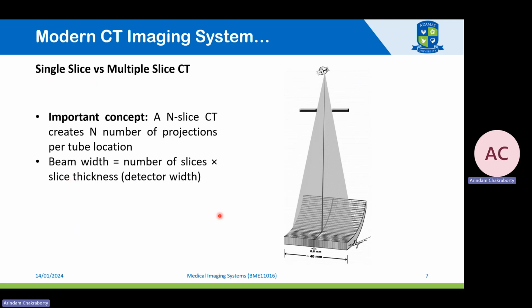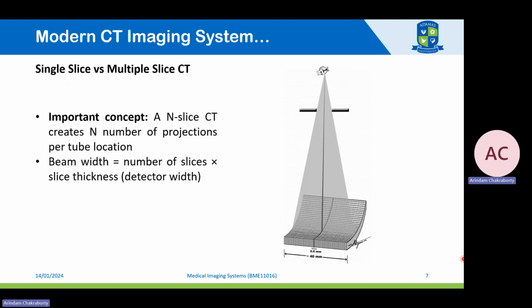And as I was saying, the beam width is nothing but the product of the number of slices multiplied by the slice thickness, or simply the detector width. This is a very important concept.